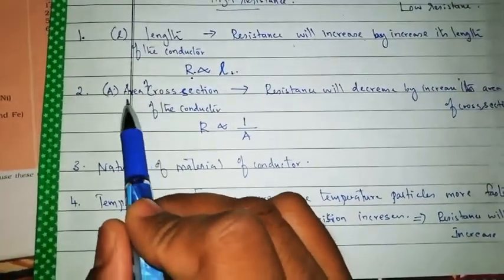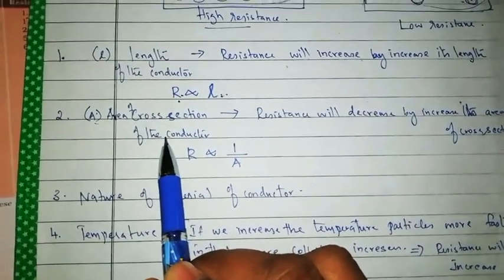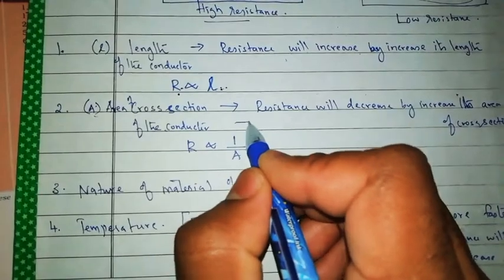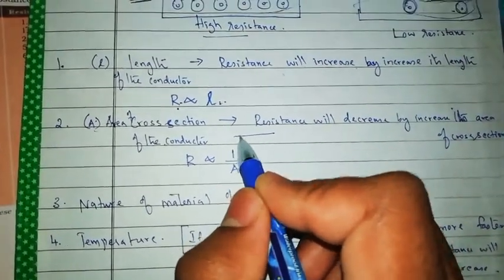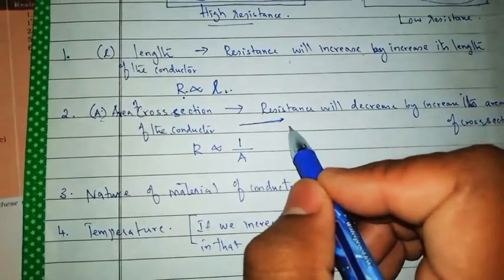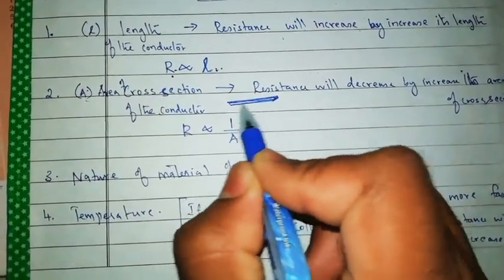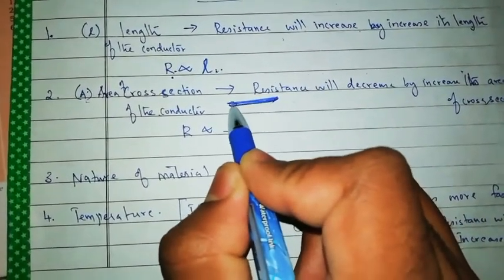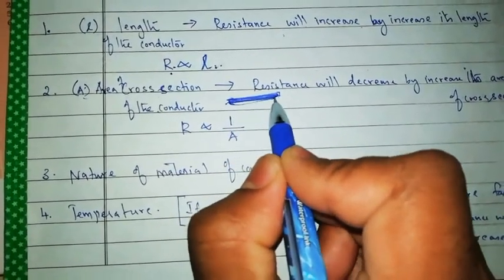The second one is the area of cross section of the conductor. If I take a very thin wire, the current passes through it very smoothly. Okay, if I compare it with a very thick wire, the area of cross section is much larger.